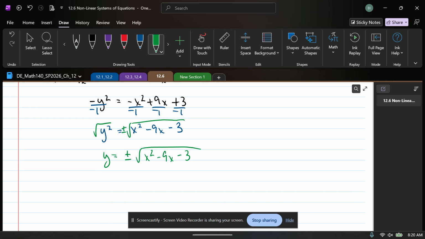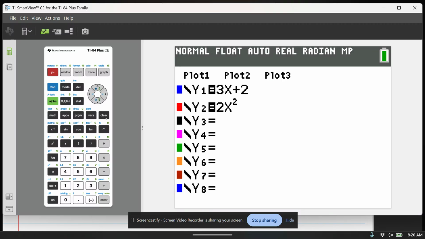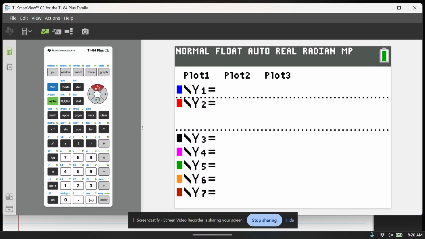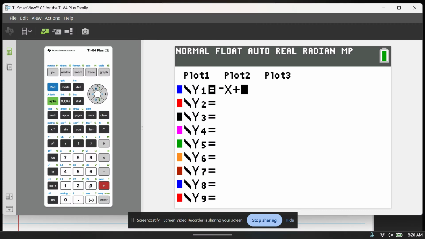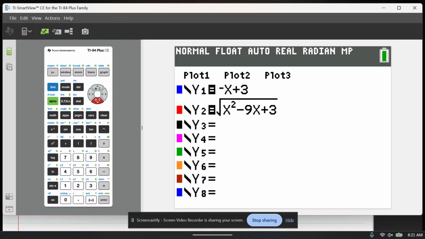So when I go to my calculator, I'm going to graph. I'm going to clear out these others. I had negative x plus 3. That was the first one. That was the easy one. And then the second one is going to be the positive side of that square root. So I'm going to have a square root, and then I had x squared minus 9x plus 3. And then I had a negative side of that square root.